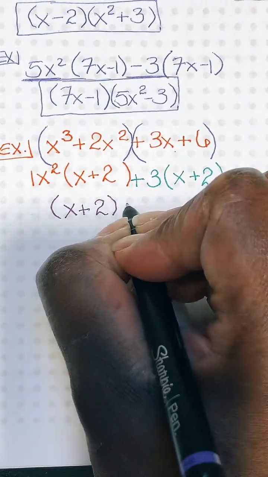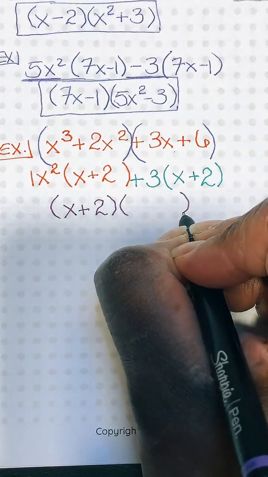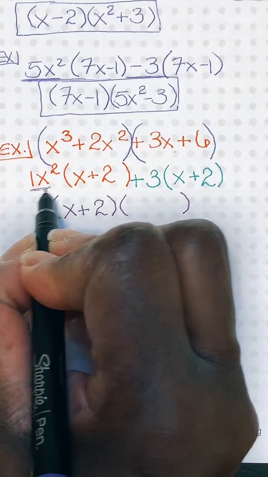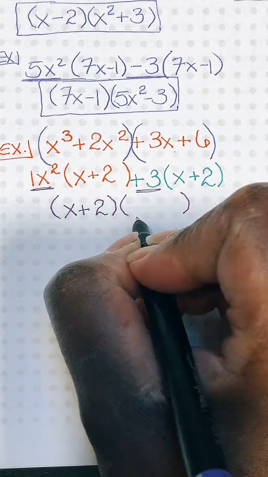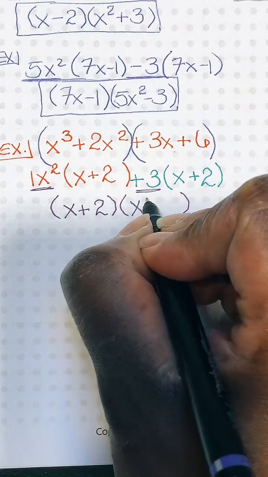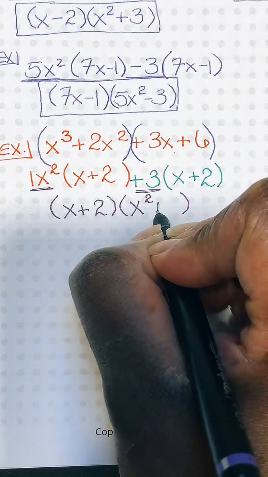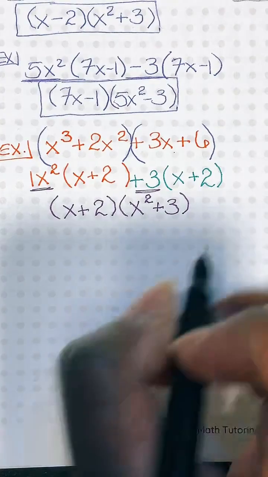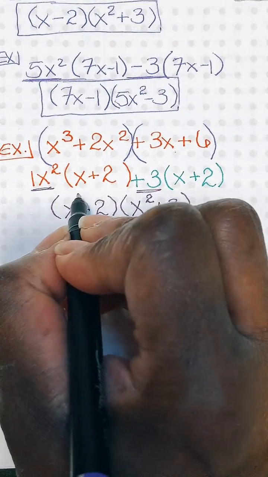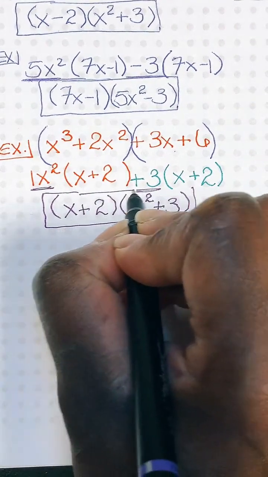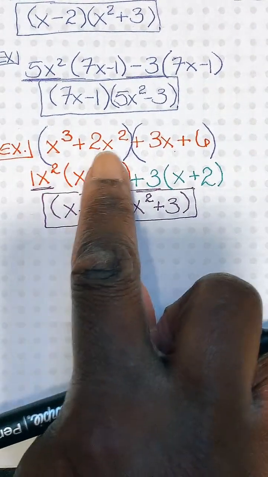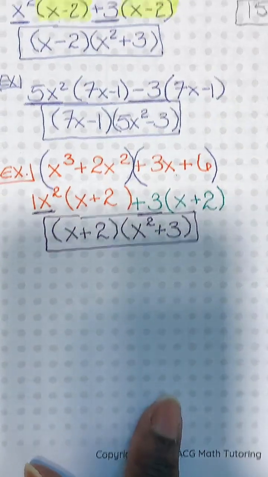That's going to be in one parenthesis. And then what lies outside will be inside the other parenthesis. So you could say 1x, or just x squared plus 3. This is the factored form of the original 4-term expression.